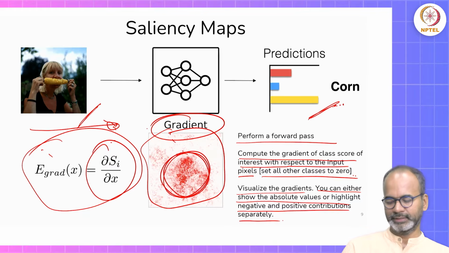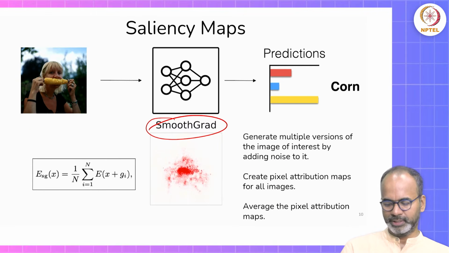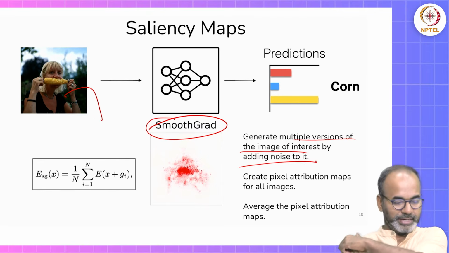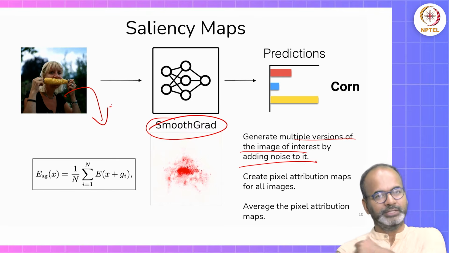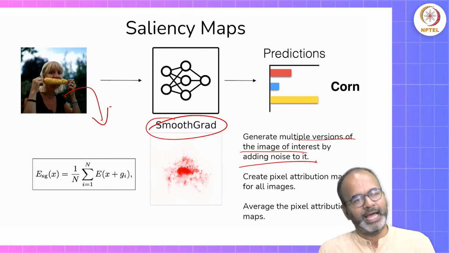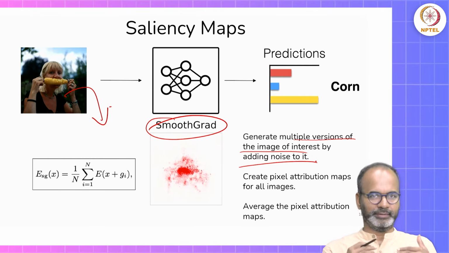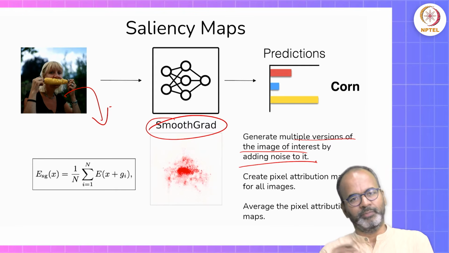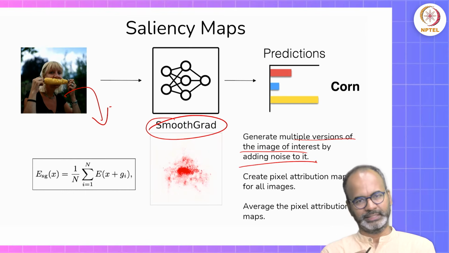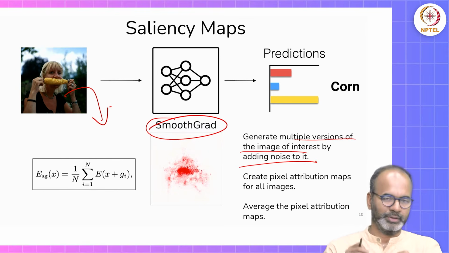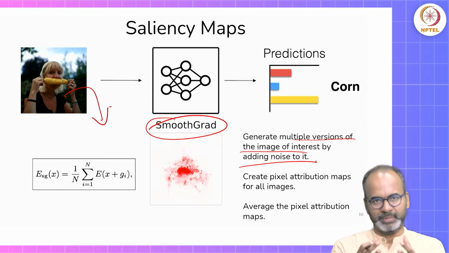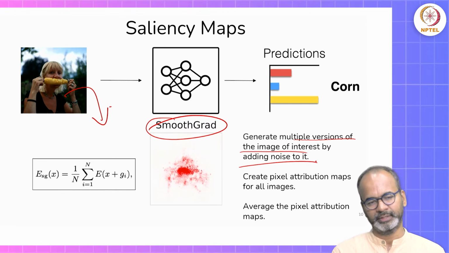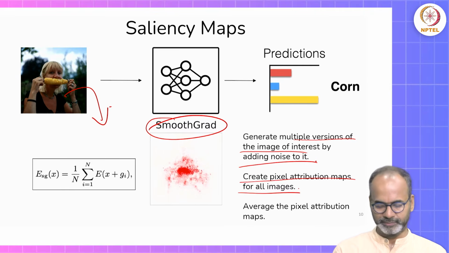In SmoothGrad, it generates multiple versions of the image of interest by adding noise to it. You generate this image, add some noise to it, and create more and more images. This idea of adding noise, you will see more also as part of this module, where in LIME more noise is added. Perturbation method, that's the broader idea for adding noise also. Create pixel attribution methods for all images.